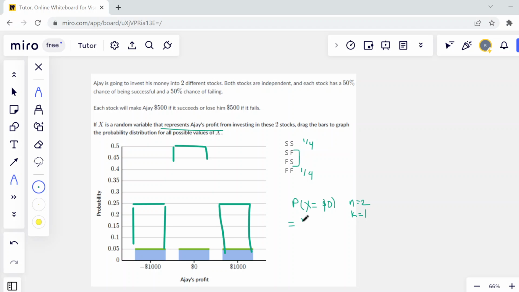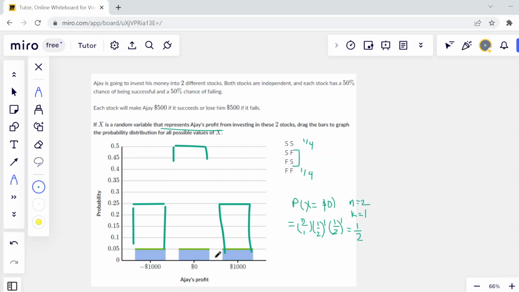So this probability will be n choose k, so 2 choose 1, which is 2, times the probability of success, which is 50%, so I'm just going to write it as a half, because one of them succeeds and one of them fails. That is a half times a half, which is a quarter, but times 2, which is a half. So that's why the binomial distribution fits with our logical response to this.